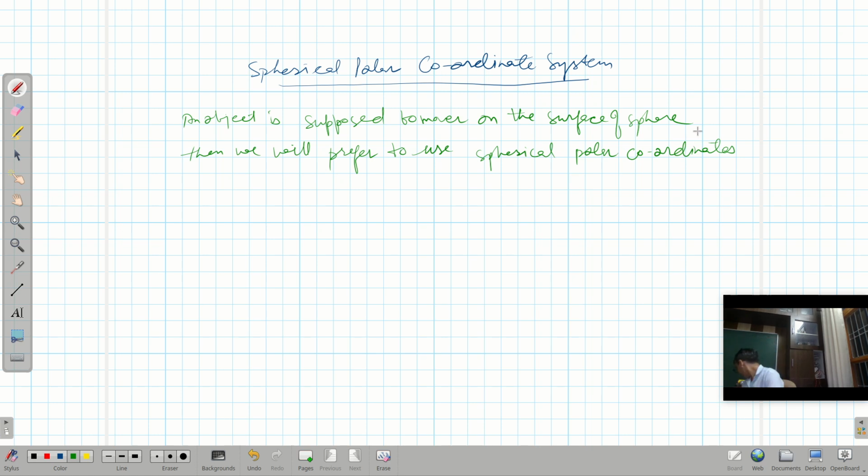Suppose this is the earth, and if something is supposed to move over the surface of the earth, then we will prefer to use the spherical polar coordinates, right? As I discussed also in the earlier lecture.